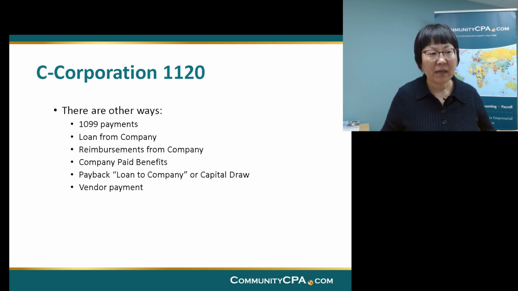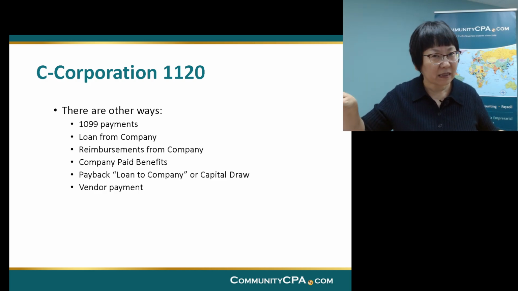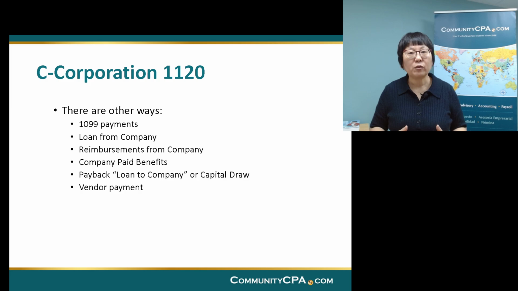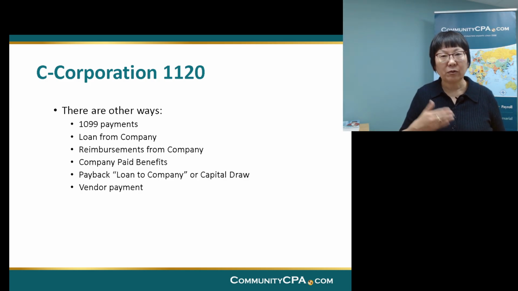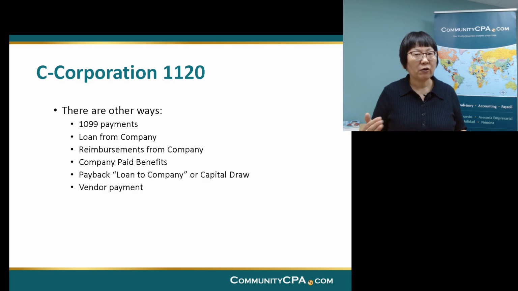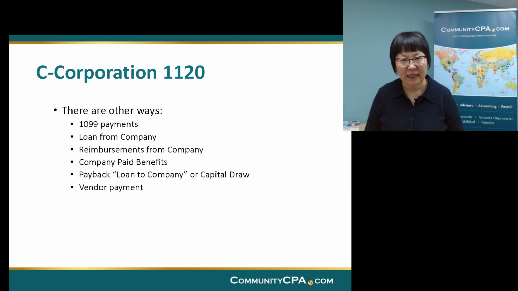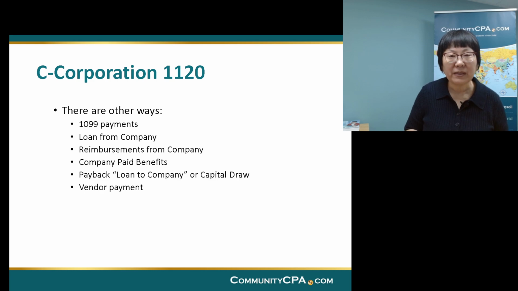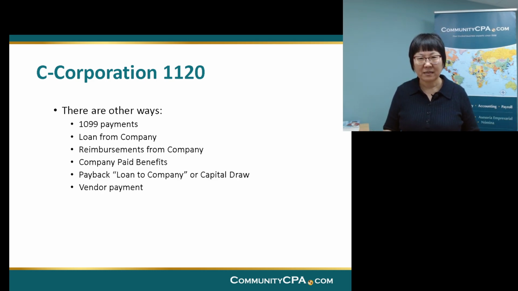But a 1099 payment coming out of the C Corp is an expense. Then a loan from the company, again, if you do a loan, that's fine, it's non-taxable, but you want to make sure that you have a repayment schedule and you follow the rate that the IRS allows, so making sure that you do it properly. Reimbursement from the company, of course, that's straightforward.